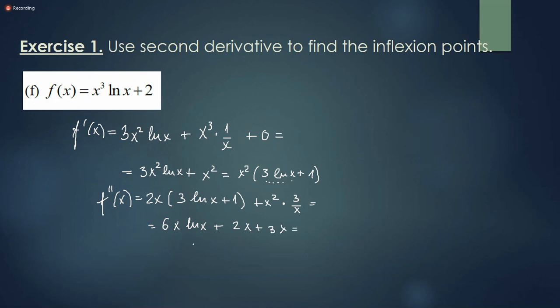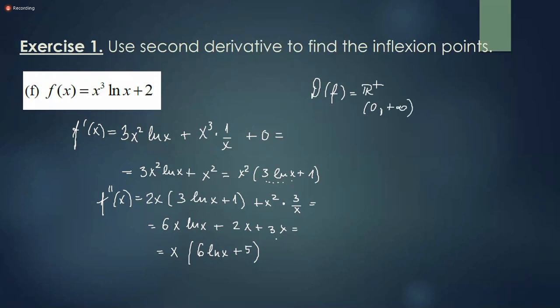So we see that now we can take simply x out of parentheses and we have 6 ln x plus 5. So we might have two critical points here as we see. First of all, let's remember that the domain of this function is only the positive numbers, that is from zero to positive infinity.